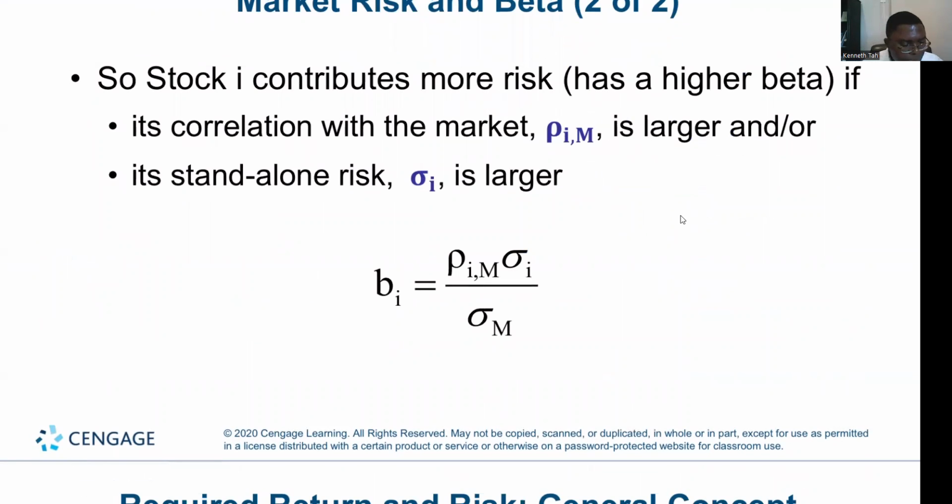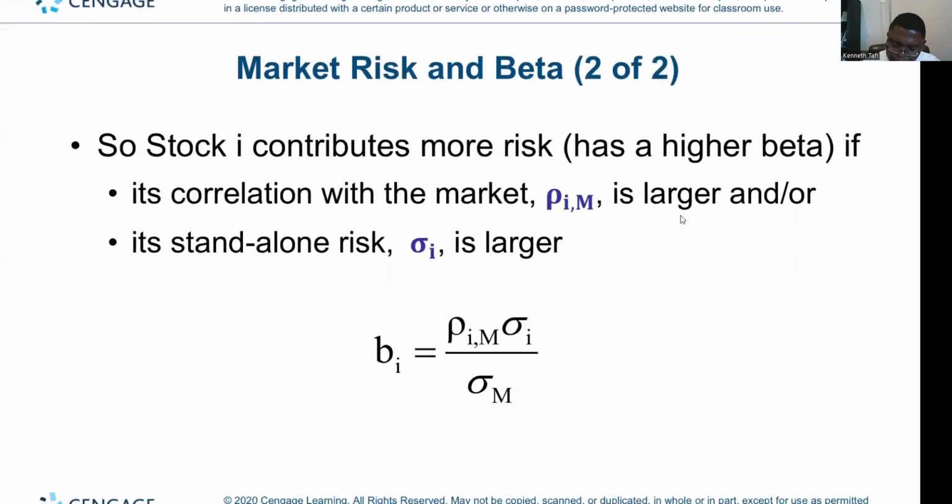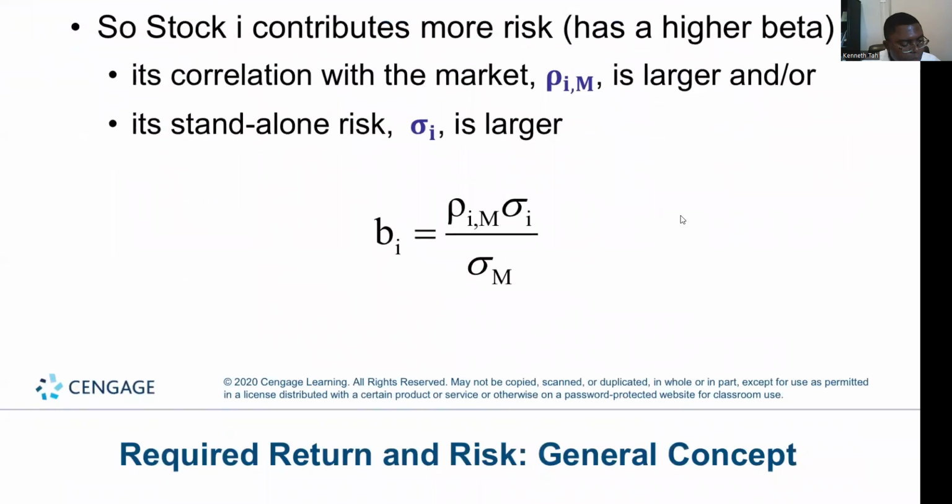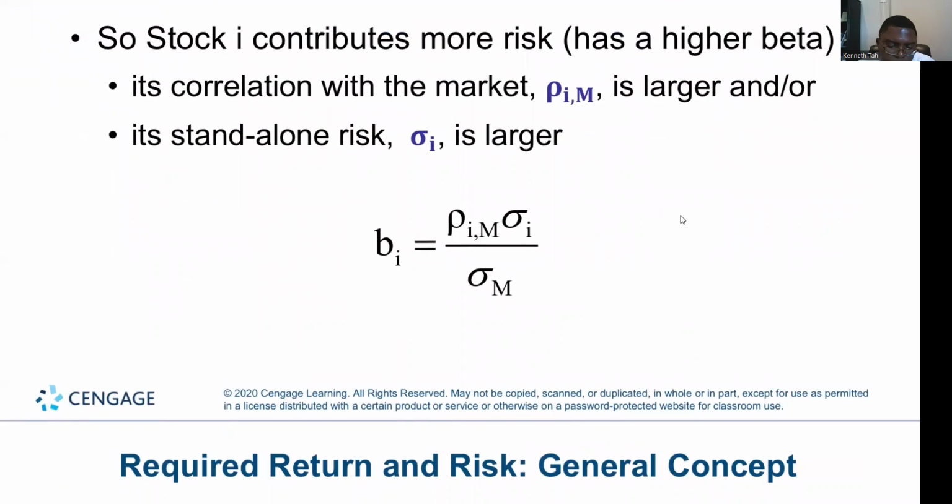All right, the beta coefficient, we can talk a little bit more about this. So stock I contributes more risk if two things happen.